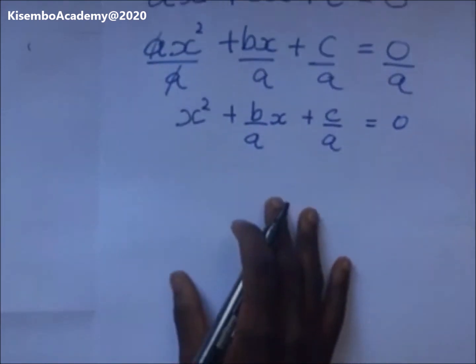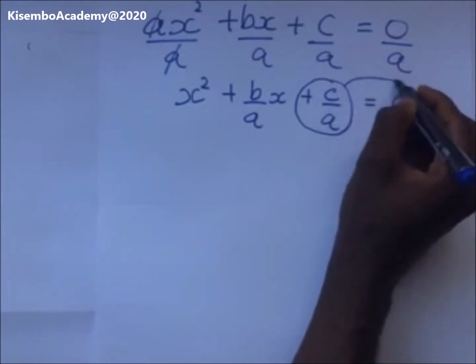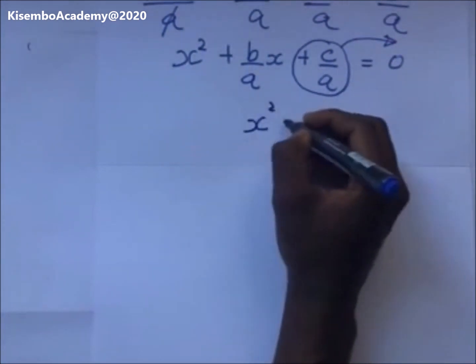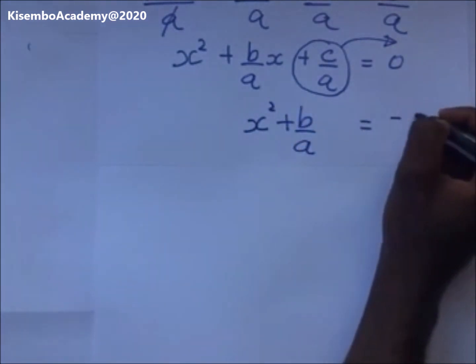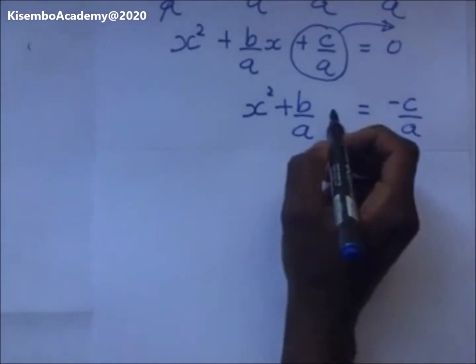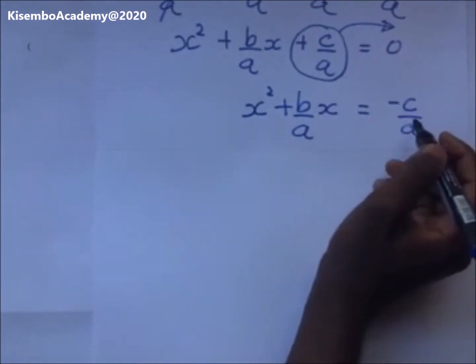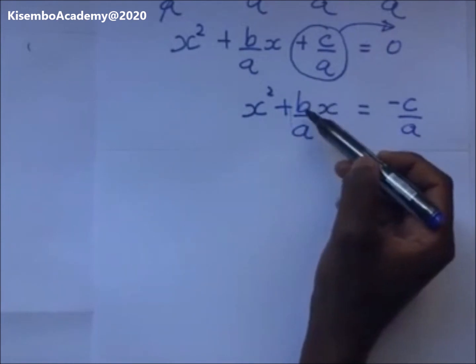From that point, we take this c over a to the other side of the equation. So it becomes x squared plus b over a x is equal to negative c over a. Now we look at the coefficient of x, which is b over a.